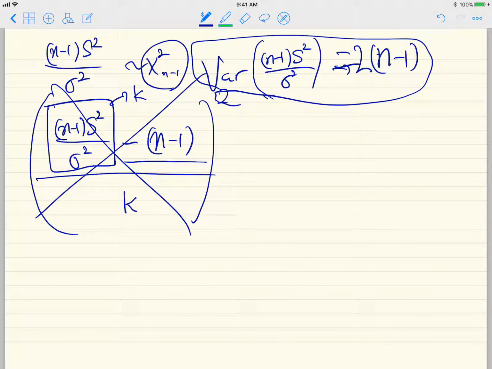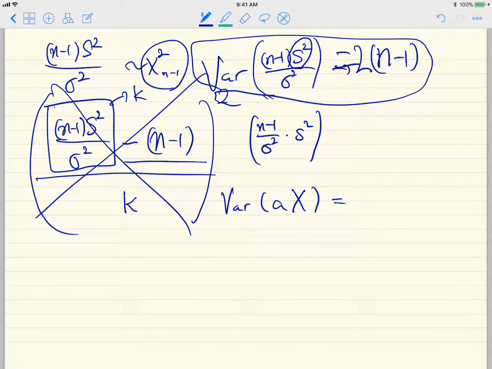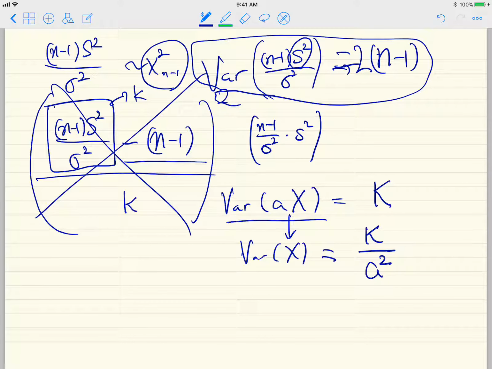And then we are interested in the variance of s squared, okay? Then it will be represented as this, right? So we know, when we have this guy as maybe k, what is the variance of x? We simply multiplied or divided by a, which is a constant, so a squared, right?